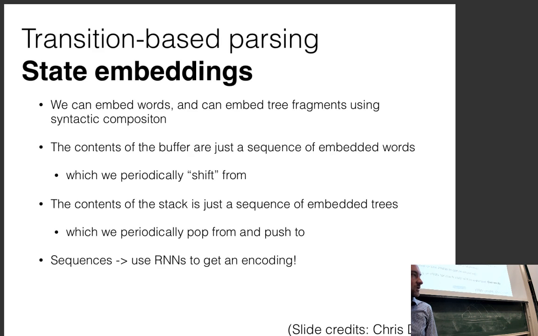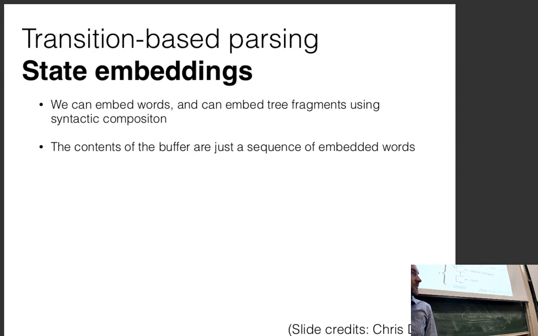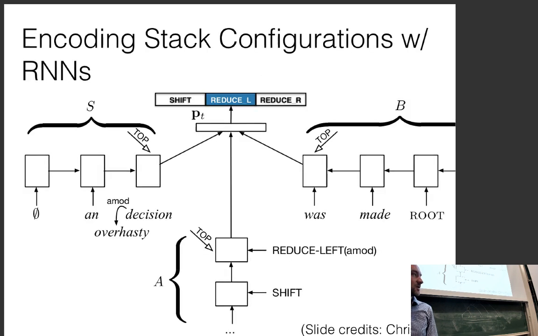For the sequences, we use RNNs. For the embedded trees, basically what this does is it runs an RNN over the head and all of the subtree embeddings to get an encoding here, and then it runs an RNN over all of the encoded subtree embeddings.